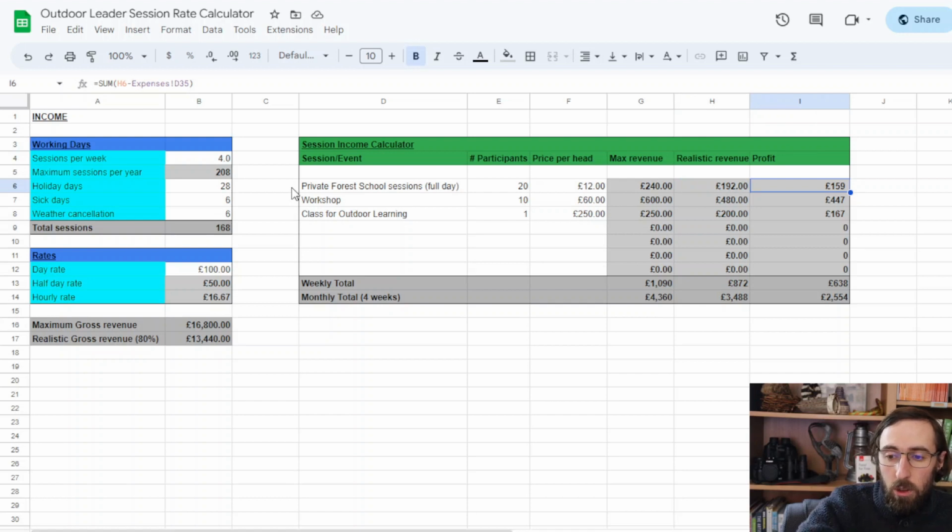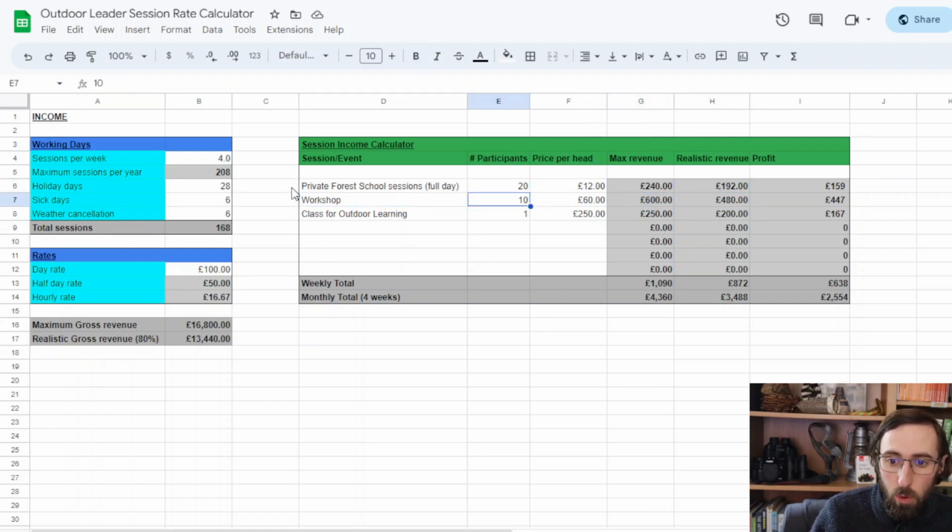And as we go over into expenses, I've automatically taken off the expenses that we'll get into on the next sheet to show that we'll roughly have a profit of 159 for a full day session if we charge £12 per head with the expenses.